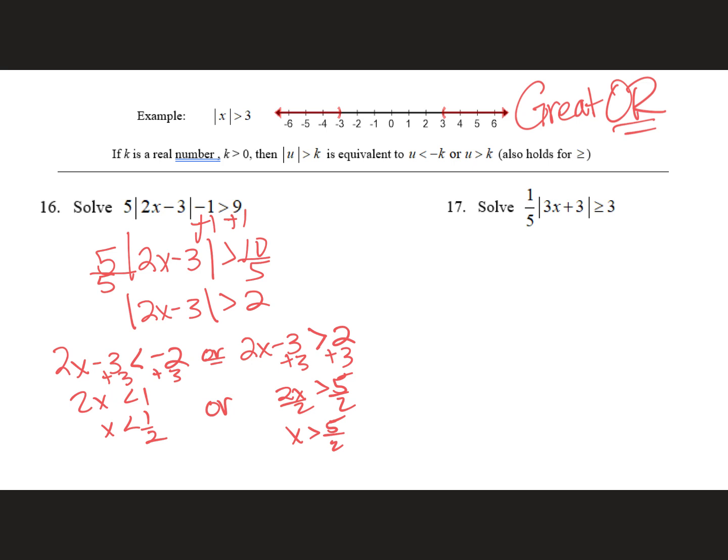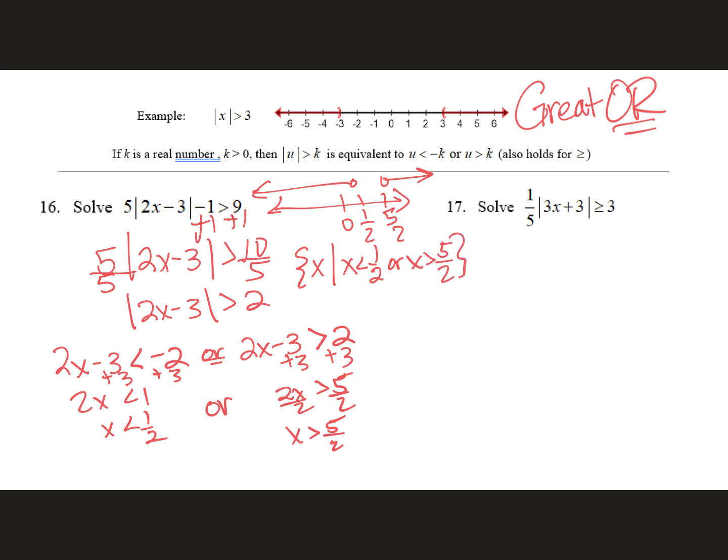Now if you think about that on a number line, here's 0, here's 1/2, 5/2. It's less than 1/2 and greater than 5/2. So we've got that going in opposite directions. My set builder notation is x such that x is less than 1/2 or x is greater than 5/2. Notice again, all I've done is put that or in between them.